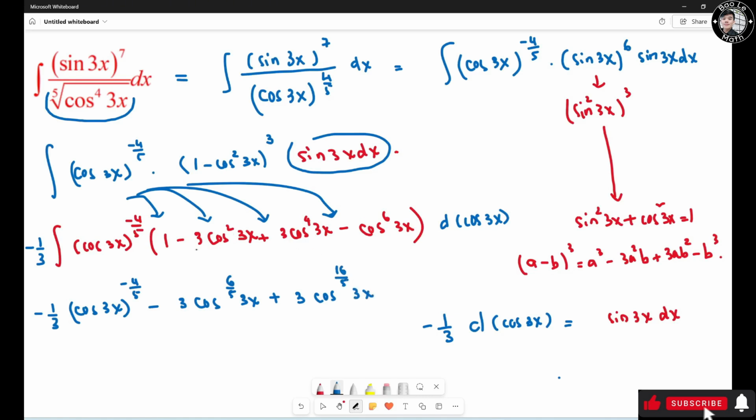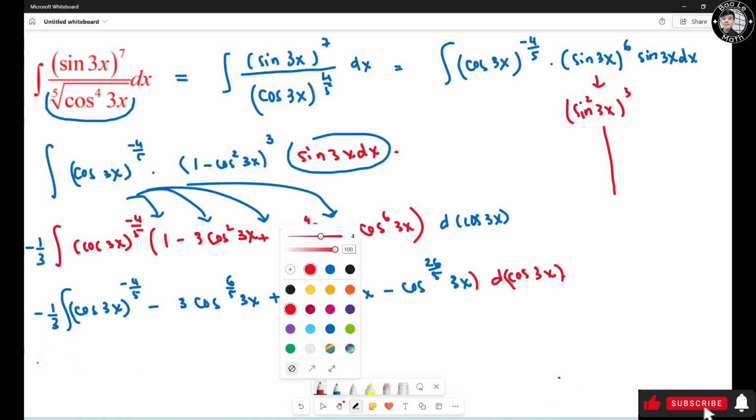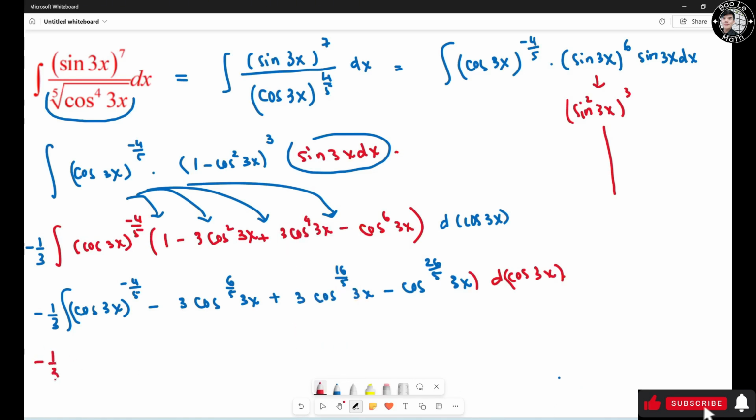And the last one, minus cosine of negative 4 fifths plus 6, it's going to be 26 over 5, 3s, right? Altogether, d of cosine 3s. Alright, so I just rewrite negative 1/3 right here.